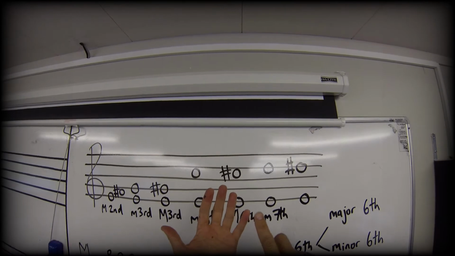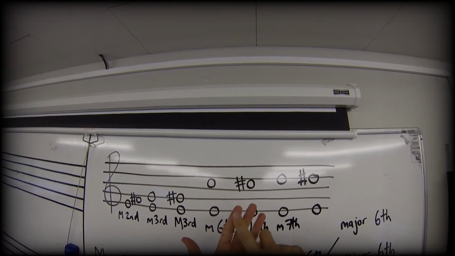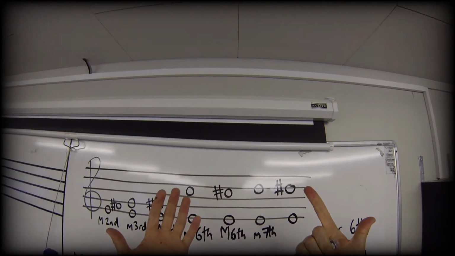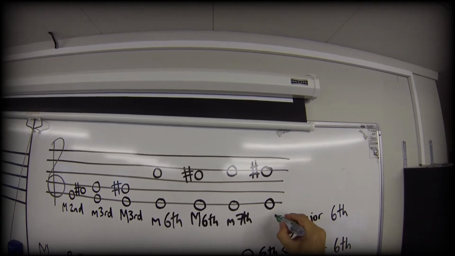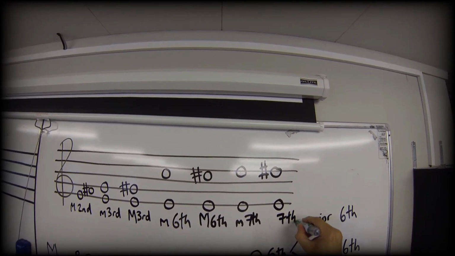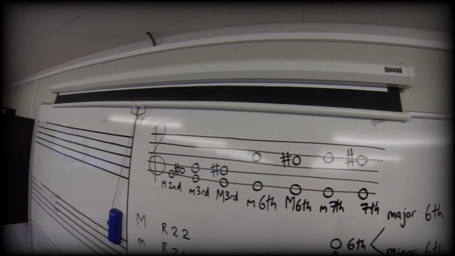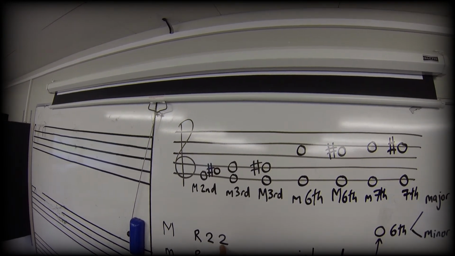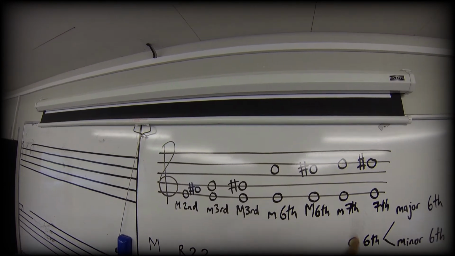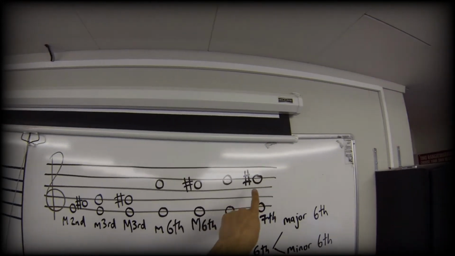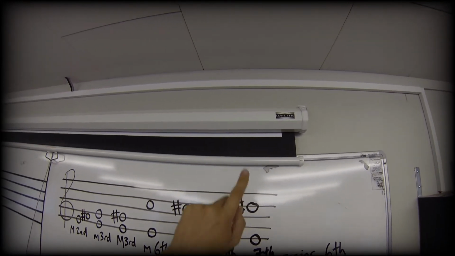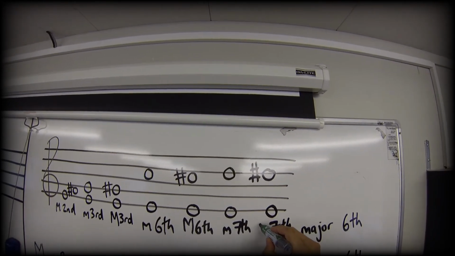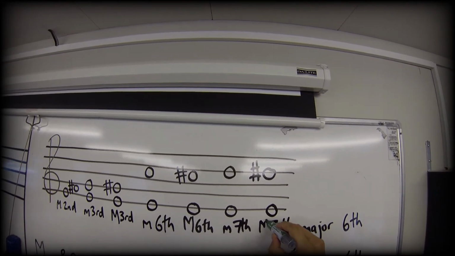I'll count on my fingers. 1, 2, 3, 4, 5, 6, 7. It's a seventh, and as you've probably predicted, this time I used the major pattern. Root, 2, 2, 1, 2, 2, 2. And that's how I ended up on that note. La, la. And so that is a major seventh.